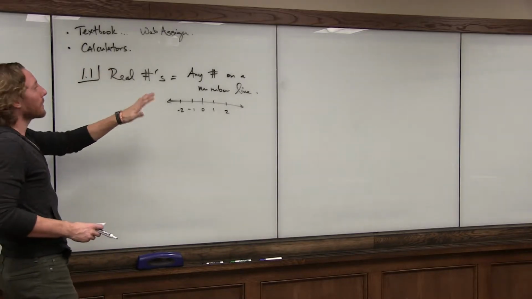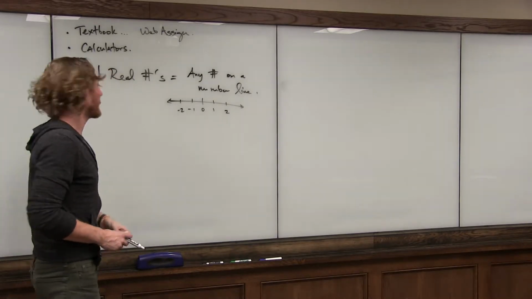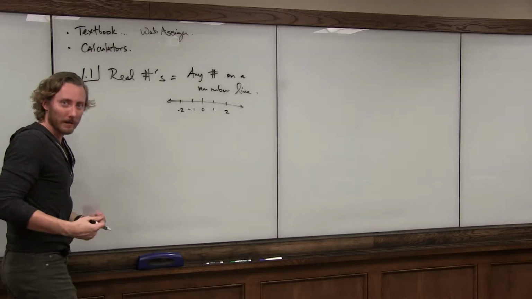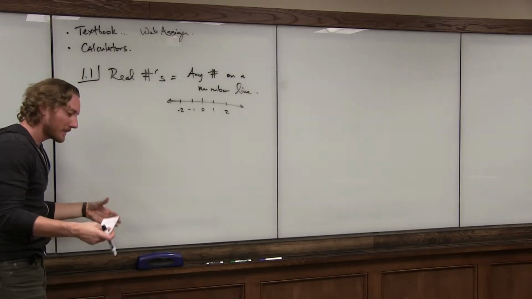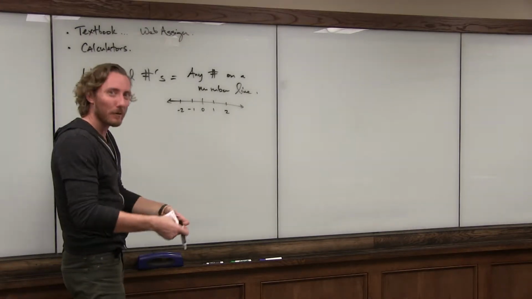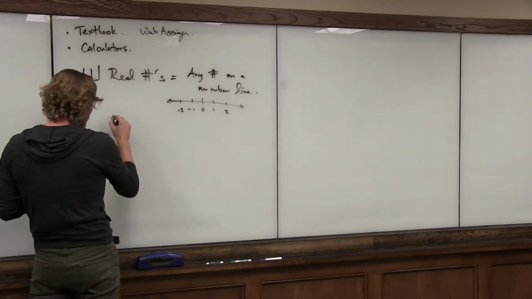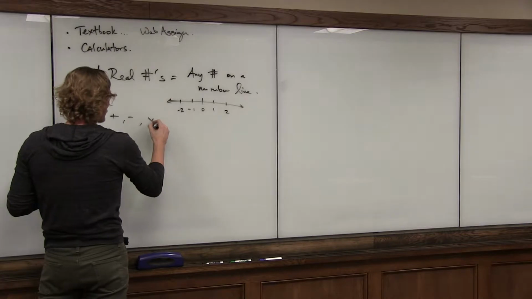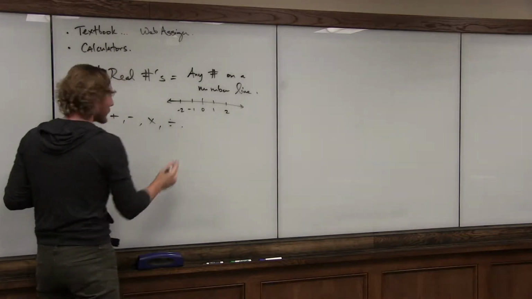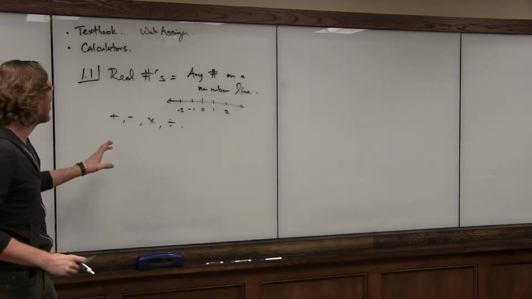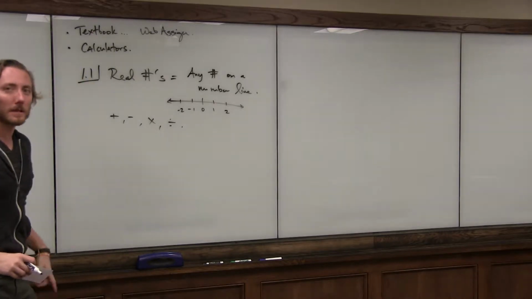Now, when we work with real numbers, with any number off the number line, we could start operating with those numbers. Rather than just dealing with a single number, we could see how two numbers interact. So we could start introducing addition, subtraction, multiplication, or division. I want to make a note whenever we start operating on numbers.